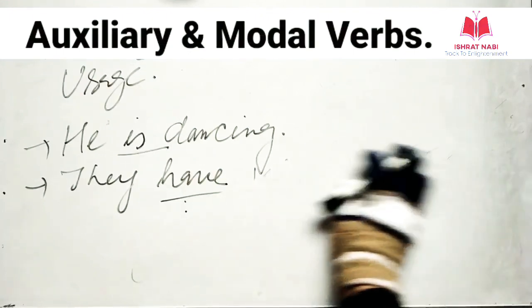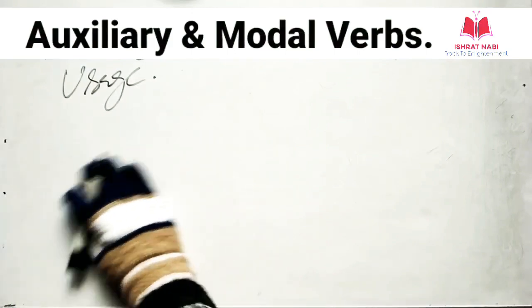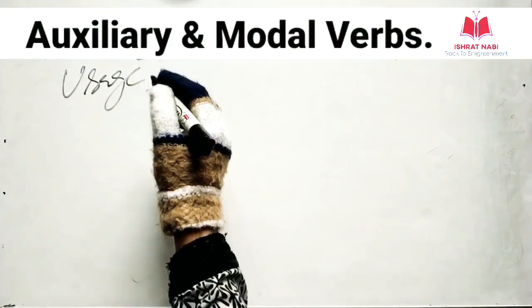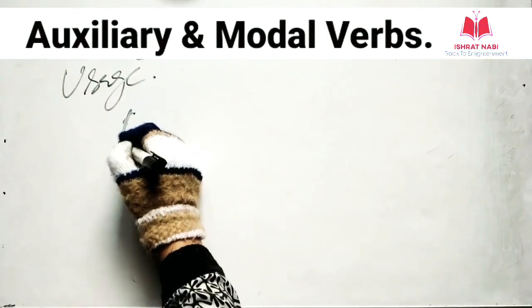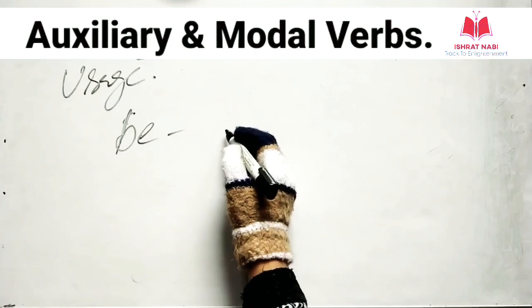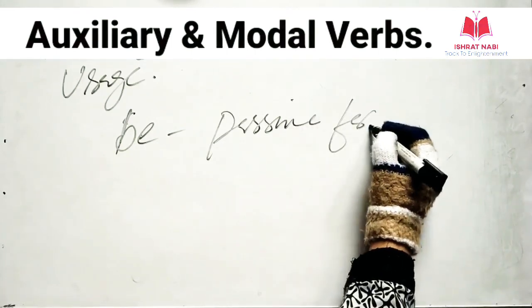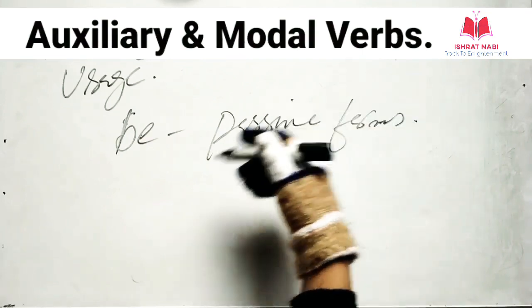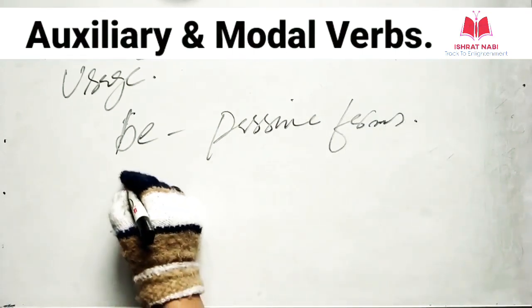The third usage of the auxiliary verb is like this: the auxiliary be is also used to make passive forms. I will clear it with an example. Cheese is made from milk.